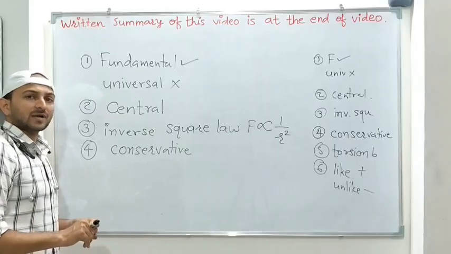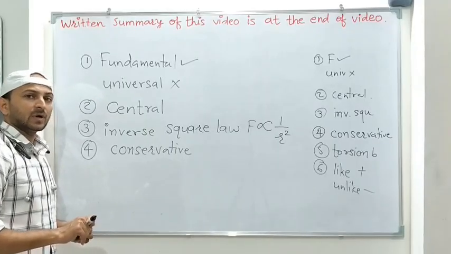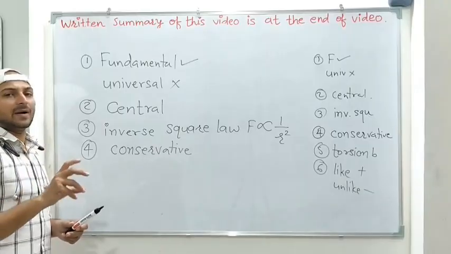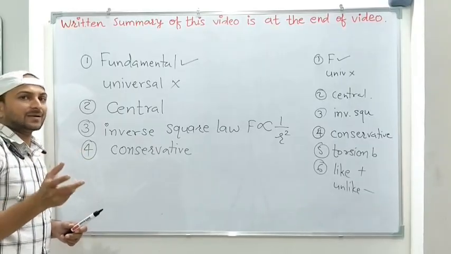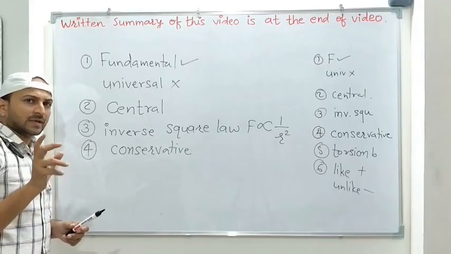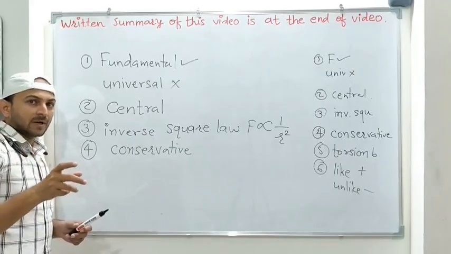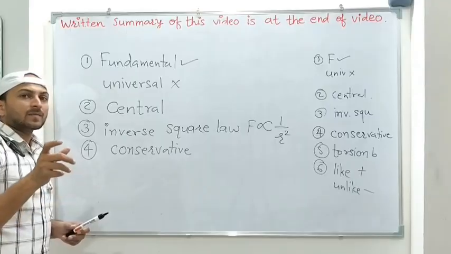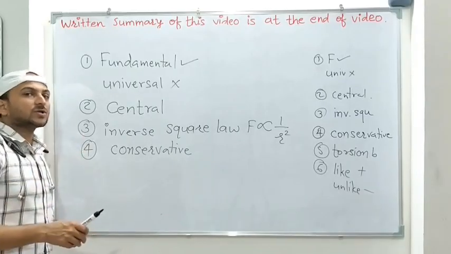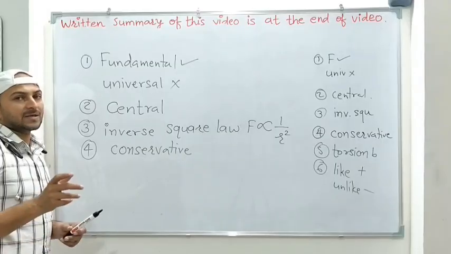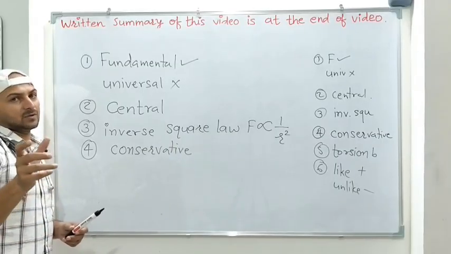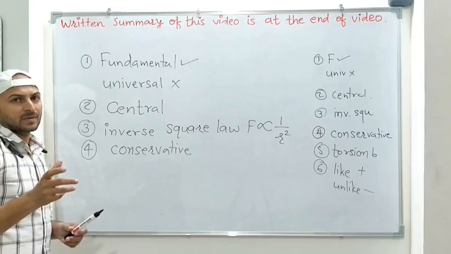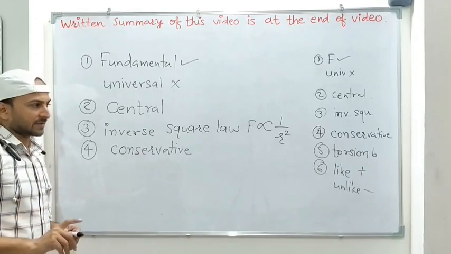A force is called conservative if work done on a particle by that force, or inside the field of that force, depends only on the initial and final position of the body, but doesn't depend on the path taken between those two positions. Such a force is called a conservative force.